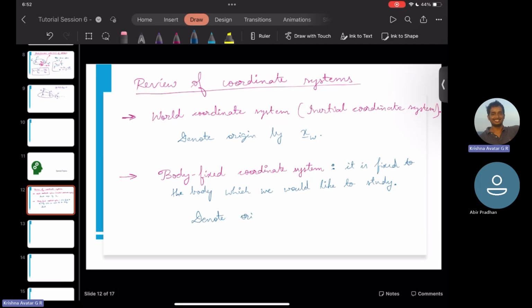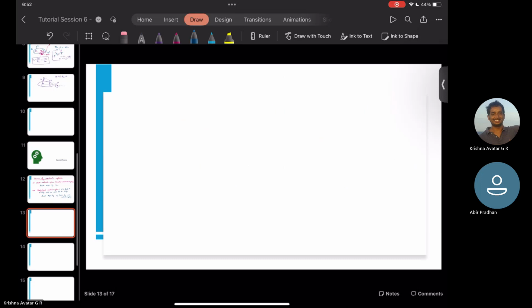And in this case, we denote the origin by xb vector. And this is, of course, with respect to the world coordinate system, right?